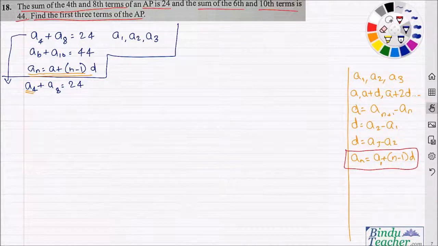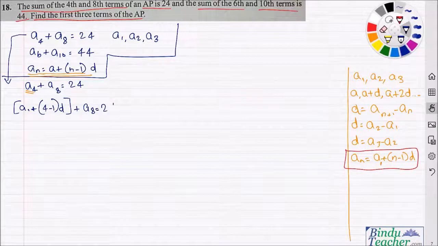So applying that formula, we will get a of 1 plus n minus 1, where n is 4, so 4 minus 1 into d, which is unknown, plus a of 8 equal to 24. So what we did here is we replaced the value of a4 with this equation. Right? So a of 4 can also be written as a of 1 plus 4 minus 1 into d.